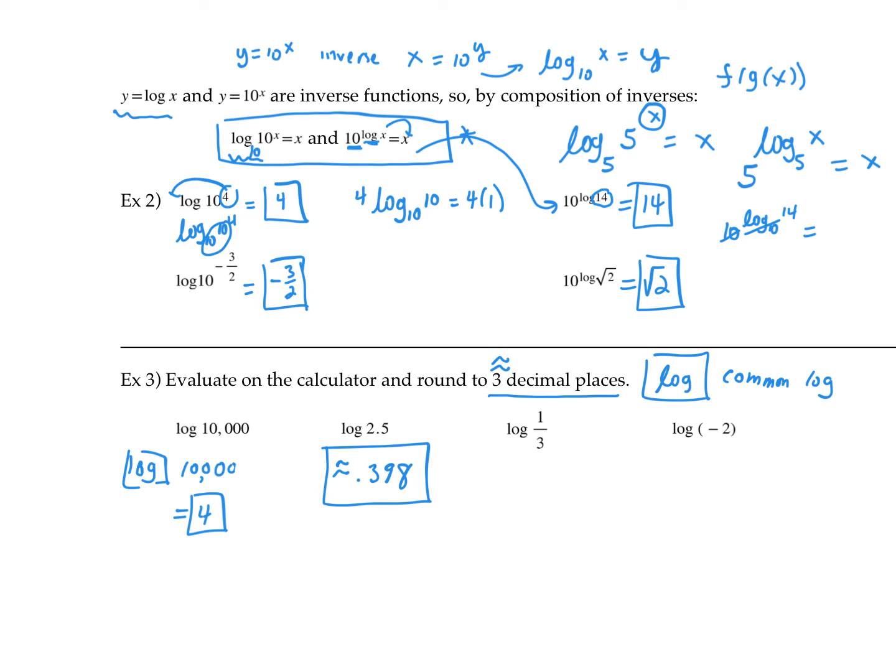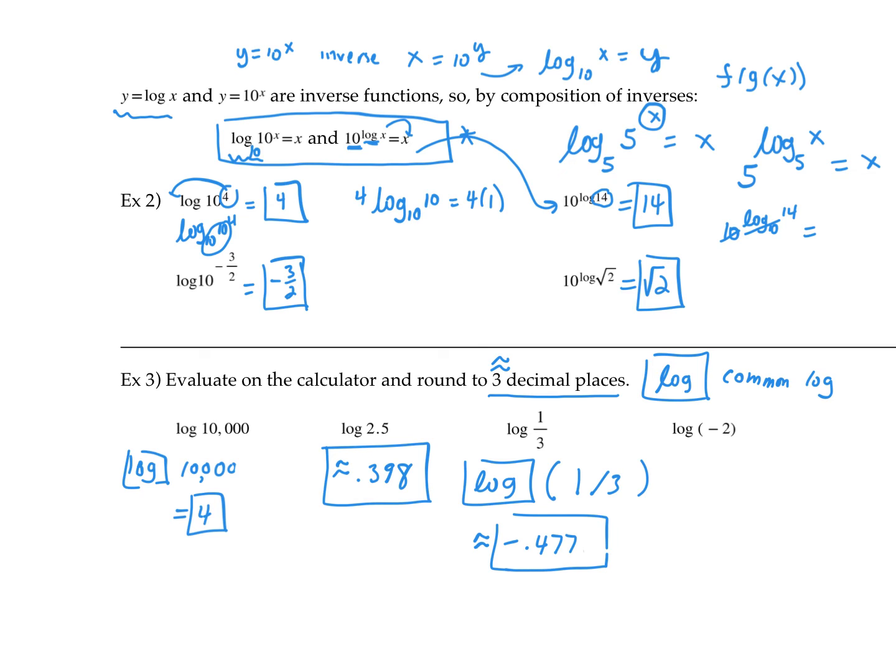The log of 1/3, you just have to make sure that you put the 1/3 in parentheses. So you're going to press the log key on your calculator, parentheses 1 divided by 3. And it works out to be approximately negative 0.4771. All right, to 3 places, just negative 0.477.